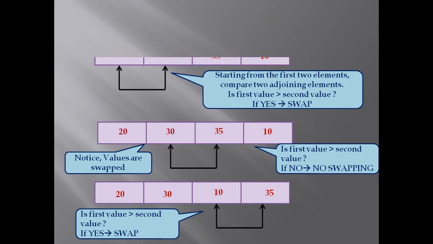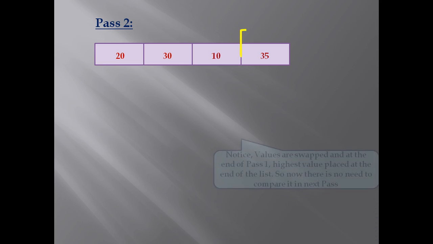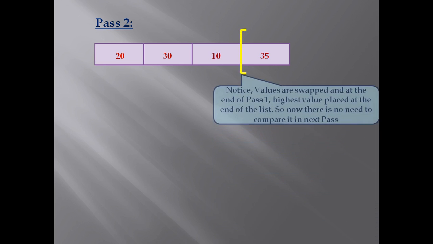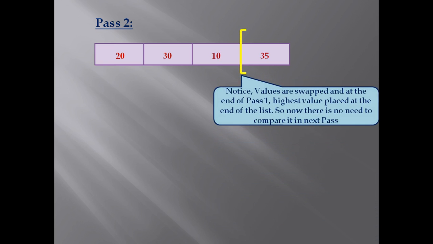Now for pass 2, we have the list available: 20, 30, 10 and 35. As I told you, 10 and 35 changed and you got the highest element at the end of the list. So for the next pass, you don't have to compare this value again, to reduce comparison time.